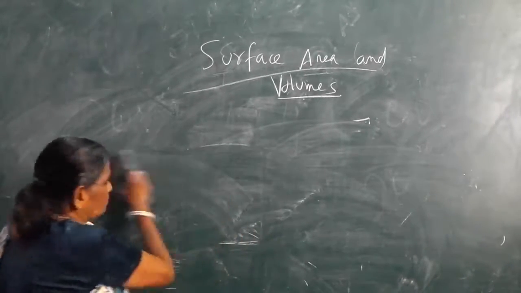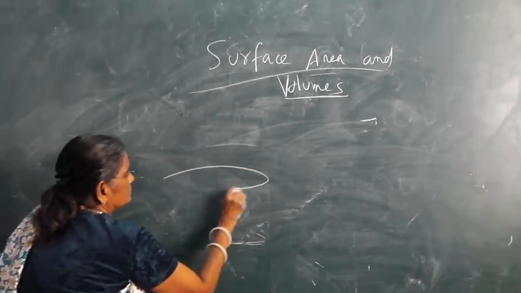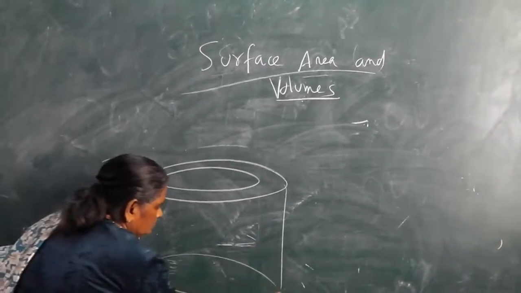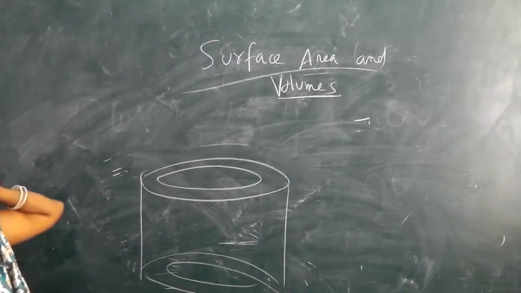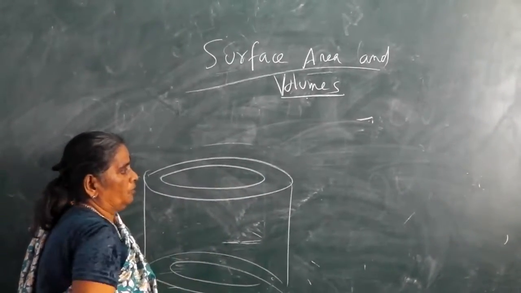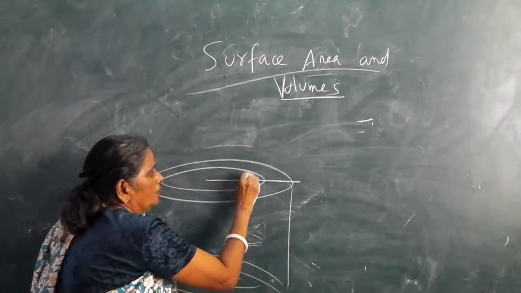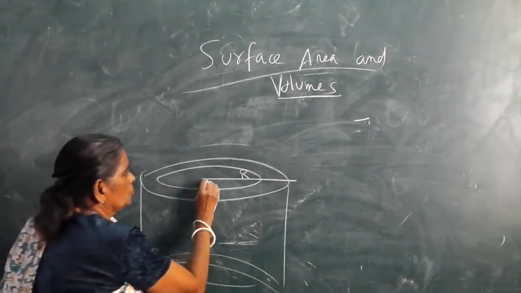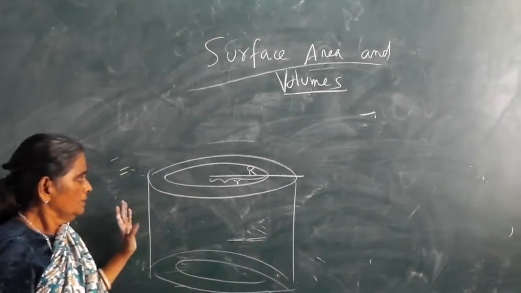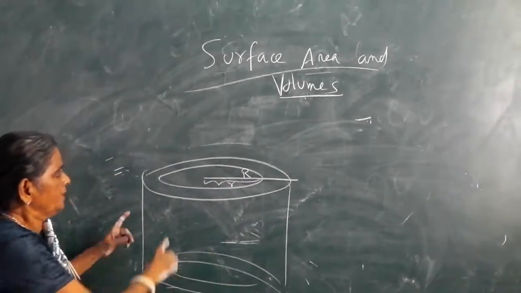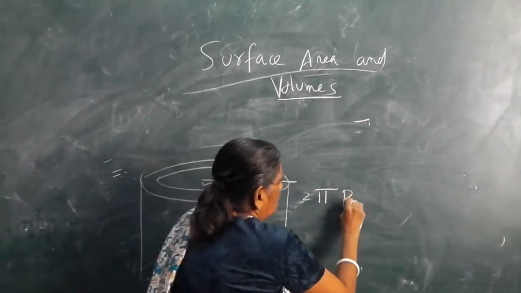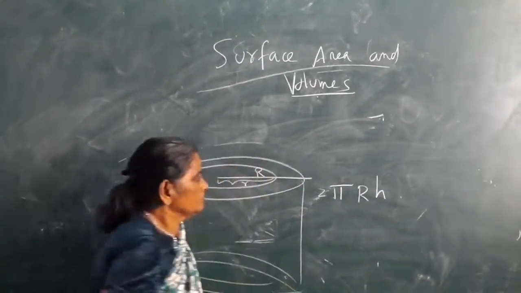Now, suppose you are having this thick hollow pipe. Only the inside portion is hollow. This is capital R. This is small r. If you want to paint, very clearly the outside will just have 2 pi R, height is h.